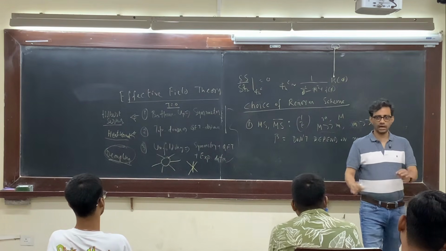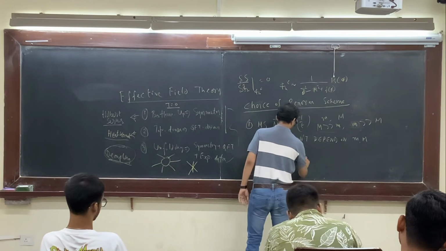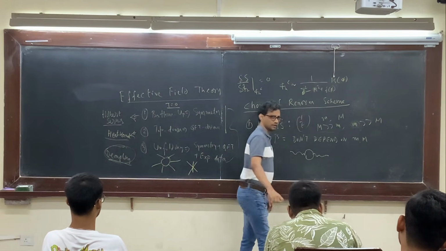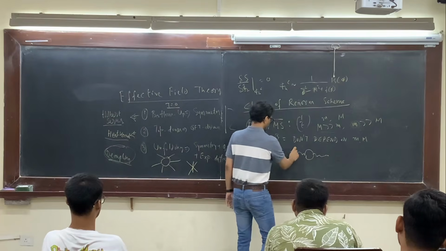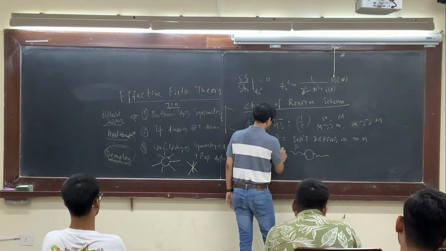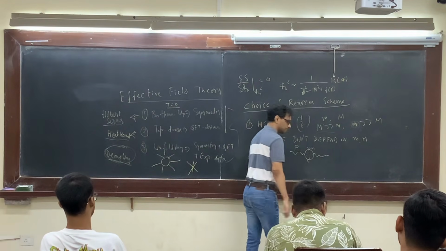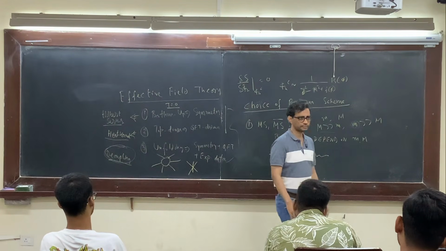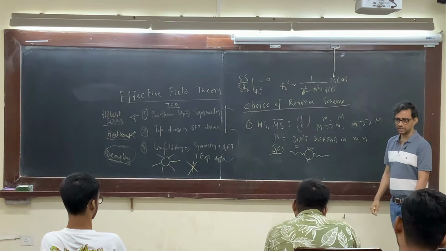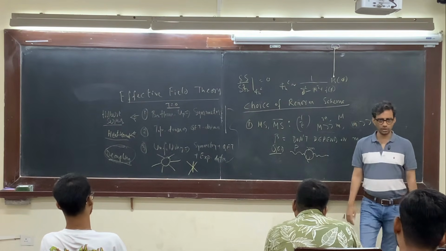For example, just think about it this way. Take QED, so I take a QED, and this is my fermion, and this is the mass of the electron. You calculate the beta function, and your beta function will not depend on the mass of the electron.